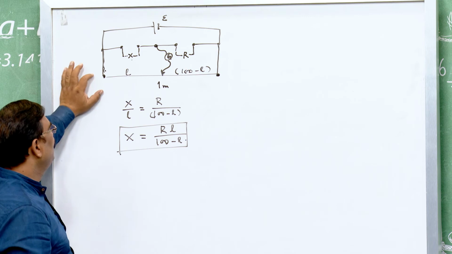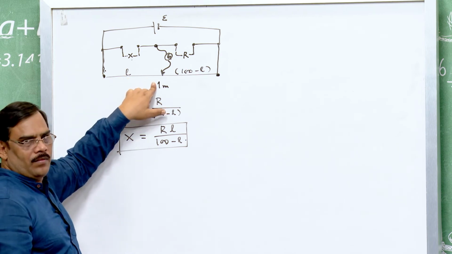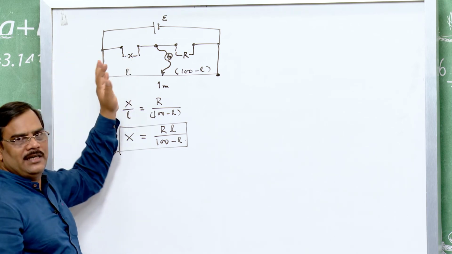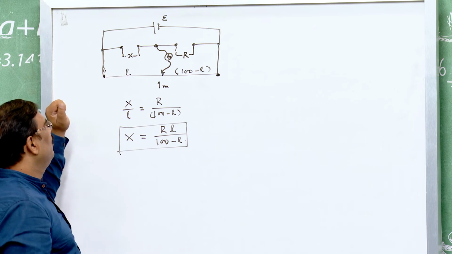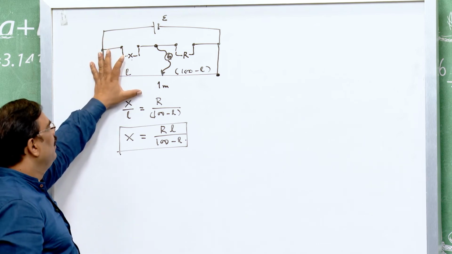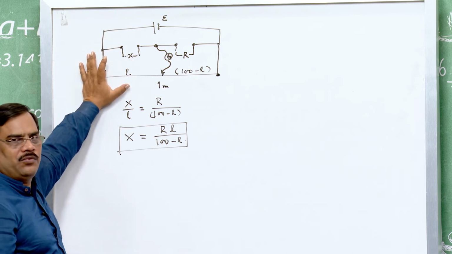If I change the length of this meter bridge wire to any length like 10 meter, 20 meter, 30 meter, then it actually becomes a potentiometer. What is the merit of a potentiometer over a voltmeter?